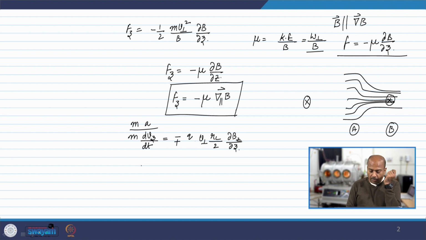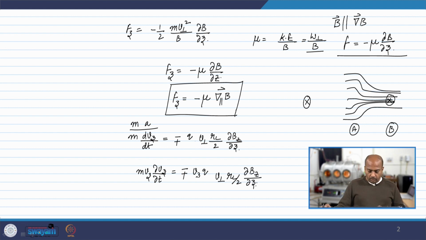Now, let us say we multiply this equation with Vz: m Vz dVz by dt is equal to minus plus Vz times q v perpendicular RL by 2 dou Bz by dou z, right.